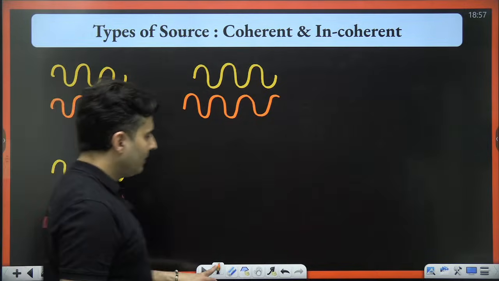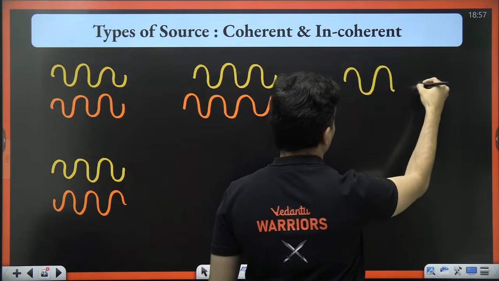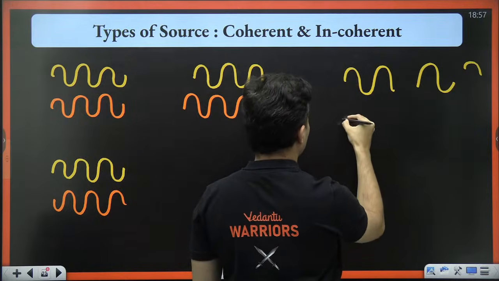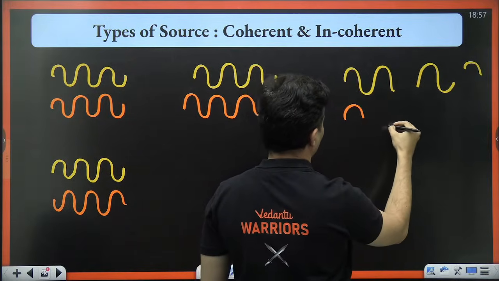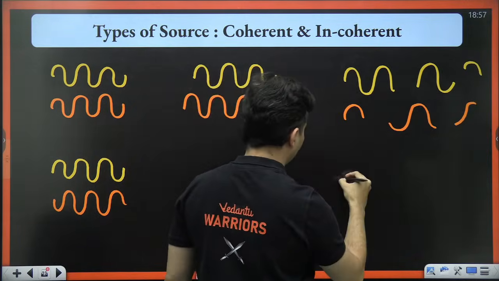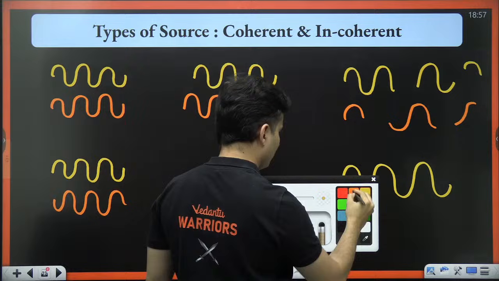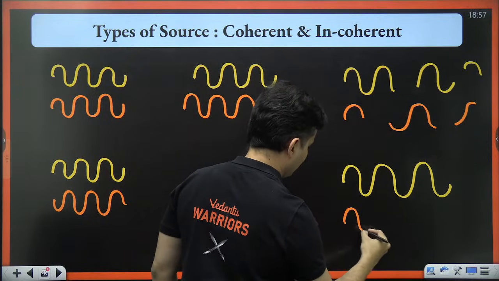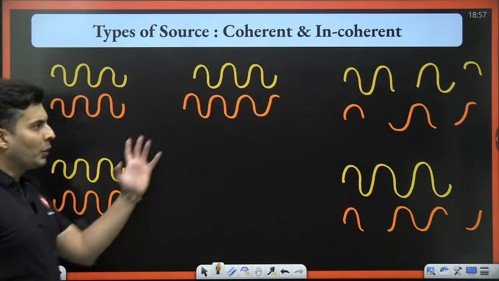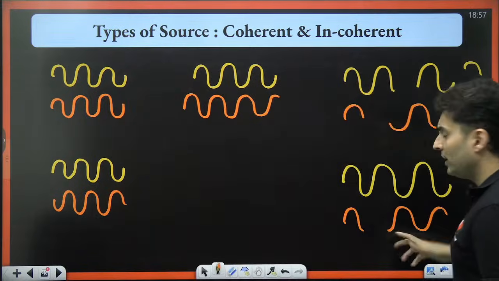Then let's take another example where a light wave is produced like this, and from another source it is produced like this. Now look at all these waves, 1, 2, 1, 2, 1, 2.